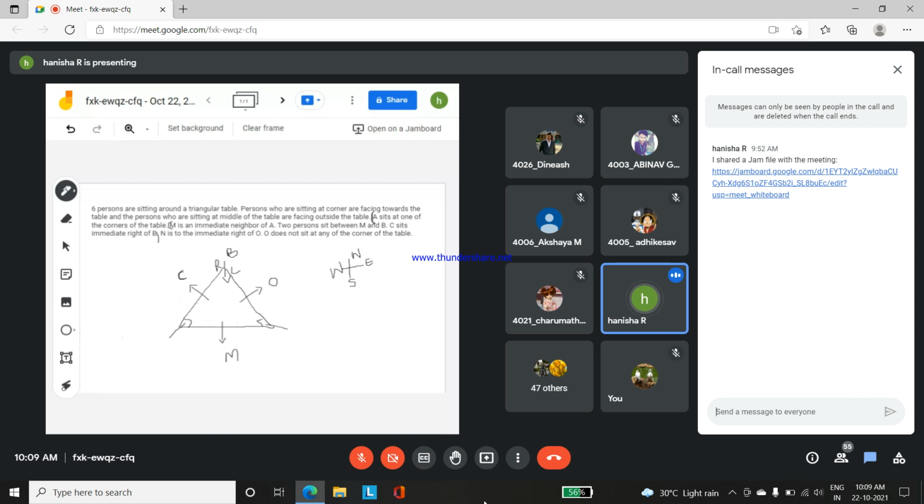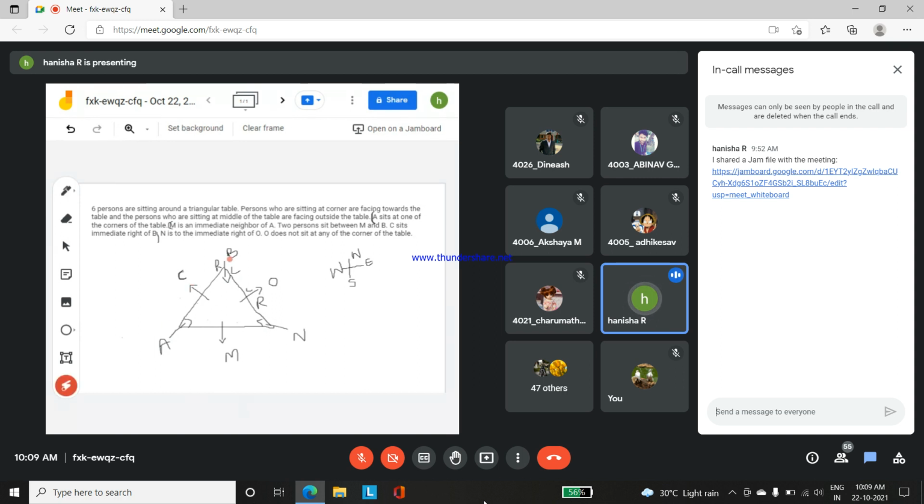The next is N is to the immediate right of O. Here, this will be your right hand side and this will be your left hand side. So the immediate right of O is this side, and here you have N. The remaining position can be filled with A. Now all six members have been fixed, all six directions are known, so the whole question is complete.